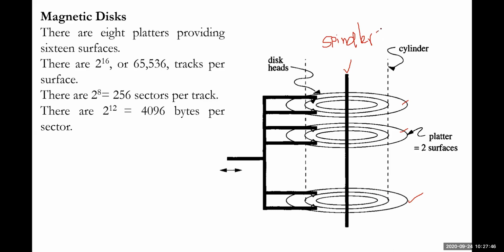The speed of this spindle will be 7,500 RPM, rotations per minute. During that rotation, the data will be captured from the disk and sent to the main memory for further use by the program or by the microprocessor.